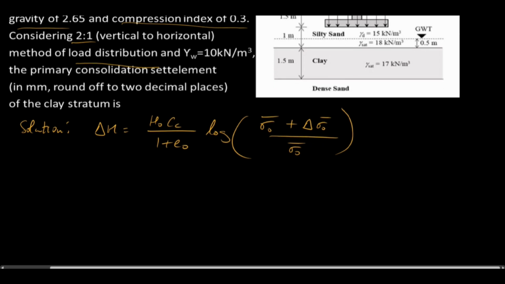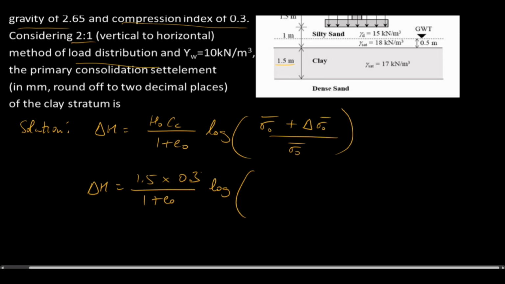So delta H will be equal to H naught. H naught is nothing but the depth of the clay layer, which is 1.5 meter, into Cc, the compression index they have given as 0.3, divided by 1 plus e naught, log of sigma naught dash plus delta sigma, divided by sigma naught dash.